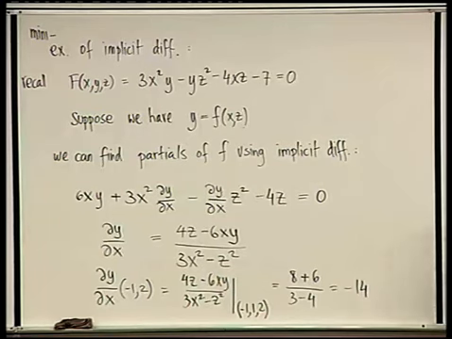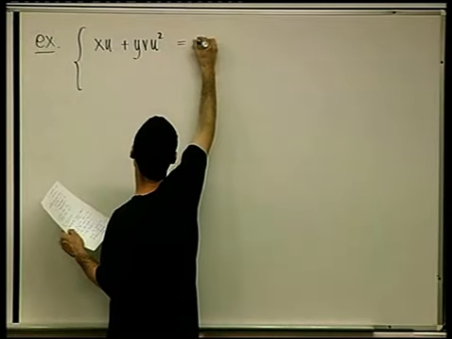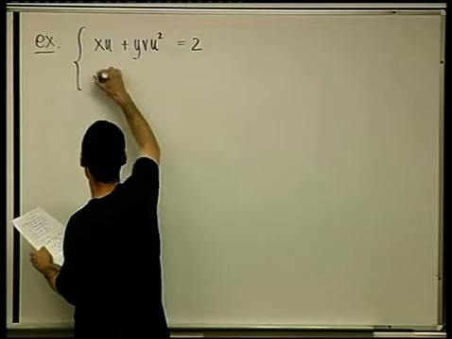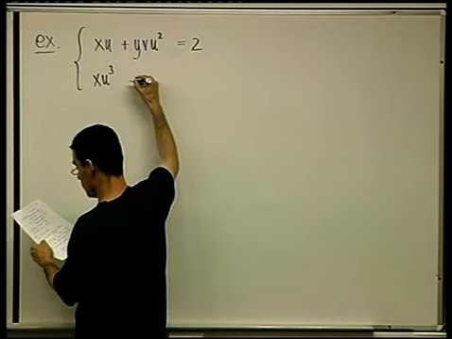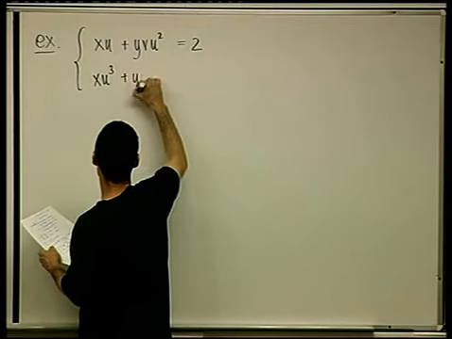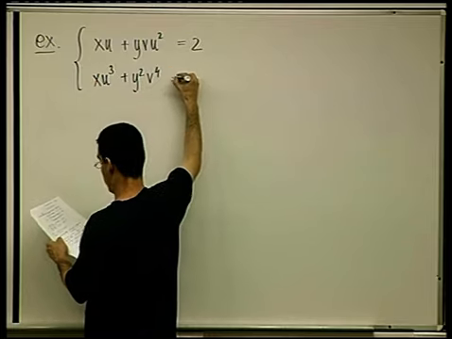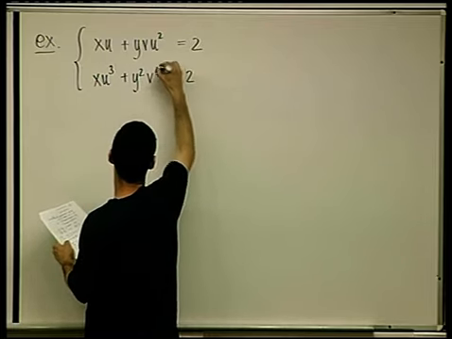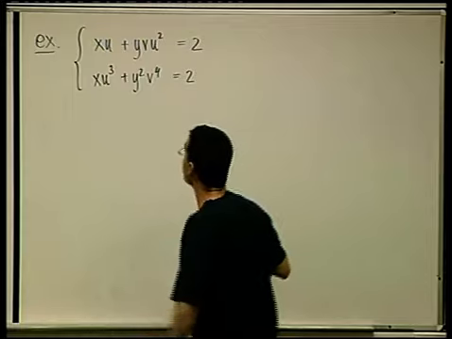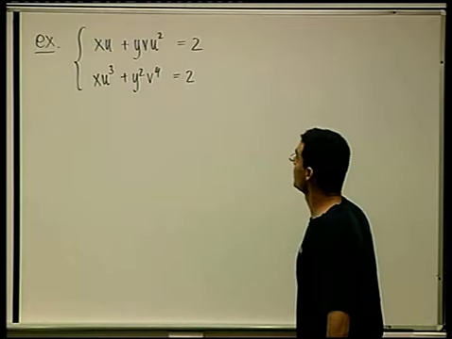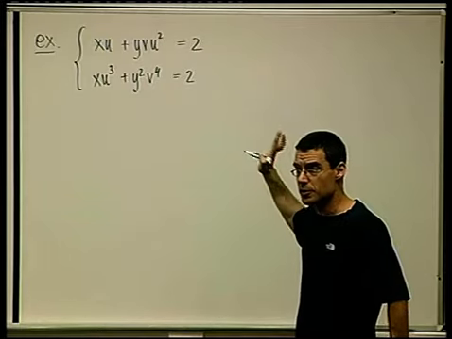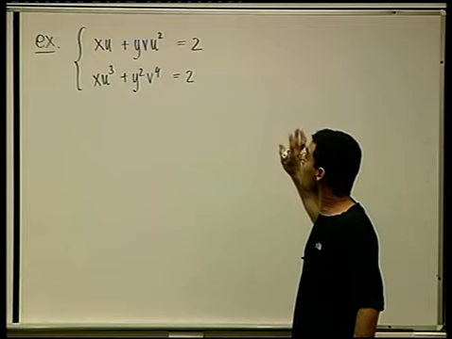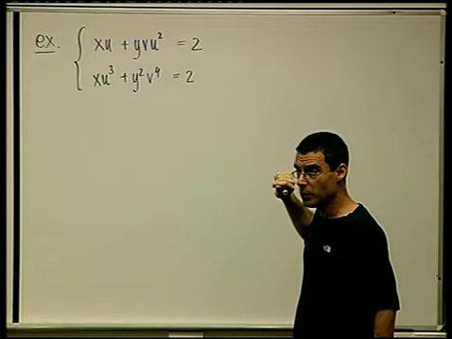So here's the system. xu plus yvu squared equals 2, and xu cubed plus y squared v to the power 4 equals 2 as well. So do you see two relations, first of all? And do you see that there are four variables, x, y, u, and v?